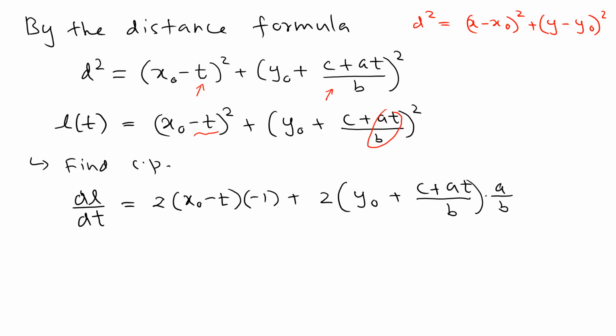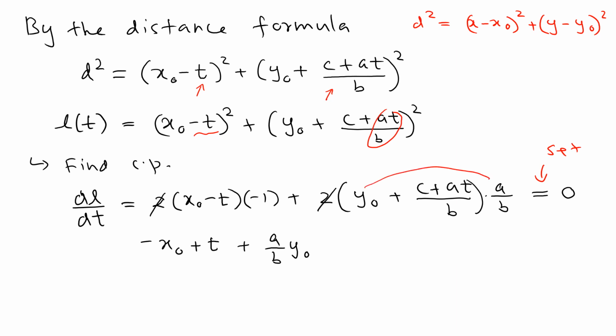And then for critical points, we can set this equal to 0. That's a normal idea here. So we set this in, and then we can solve for this special t value. You can see the 2 gets cancelled out. So let's solve for t. What I normally do is distribute this. If you distribute, you're going to get negative x naught and then positive t, and for the other terms you get a over b y naught for the first term.